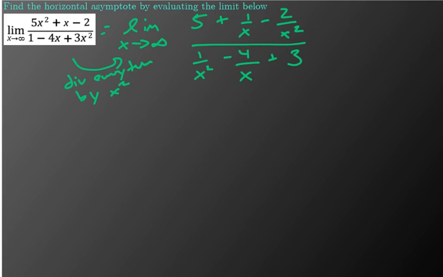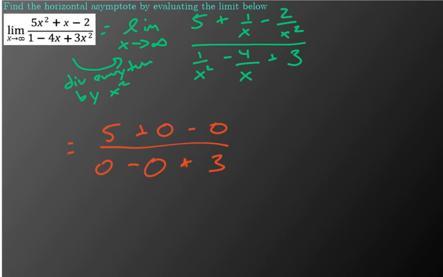And then you can do the thing where you're basically just taking the limit of every single term, which is a nice property of limits. So the limit of 5 is literally just 5. The limit of 1 over x as you go up to infinity is going to be 0. And then any of these that have an x on the bottom of any power is going to be 0. So that's 0, that's 0, and then that would be 3.